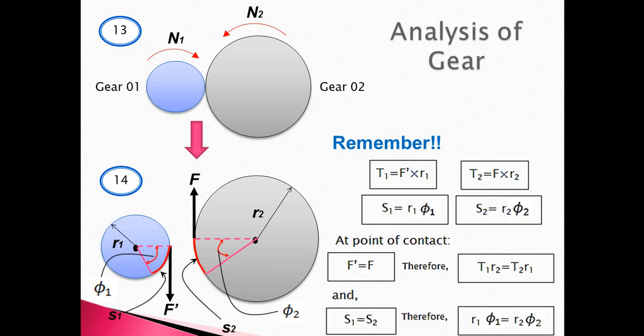Since the gears have the same magnitude of reaction force at the contact point, we can write that T1 over R1 is equal to T2 over R2. Similarly, as S1 is equal to S2, therefore R1 phi 1 is equal to R2 phi 2. This compatibility condition can be applied together with the equation of equilibrium in order to solve the problem in statically indeterminate structures involving mechanical gears.